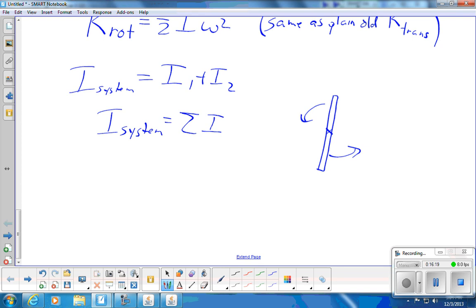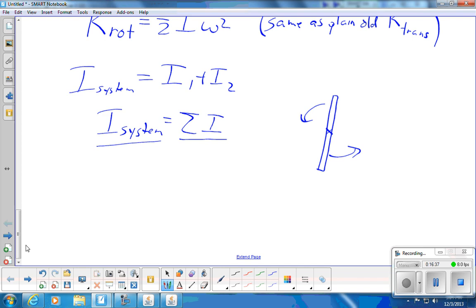And if I say, what is the rotational inertia of that stick, that's going to be a very relevant question to ask. And we're going to say, oh, well, the rotational inertia of that stick, the system which is that stick, is the sum of the rotational inertias of all the individual parts that that stick is made of.